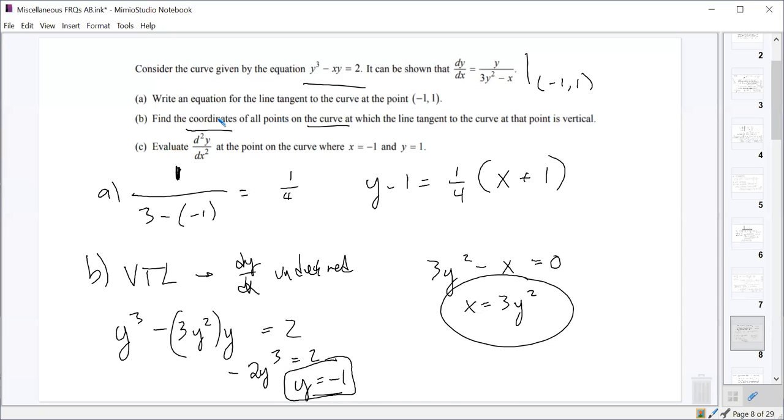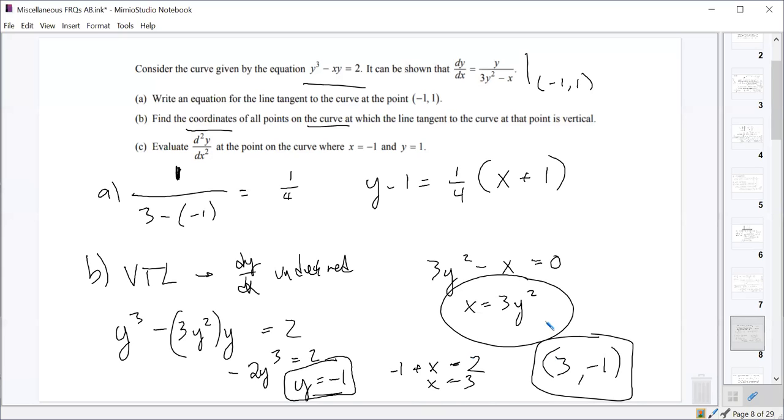We need the coordinates of all points, so we need to plug in y equals -1 back into that. -1 cubed is -1. Minus xy should become plus x if we plug in -1 for y, equals 2. And so that gives us an x value of 3. So 3, -1.